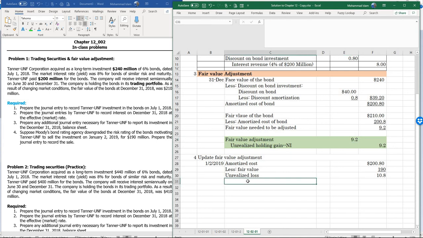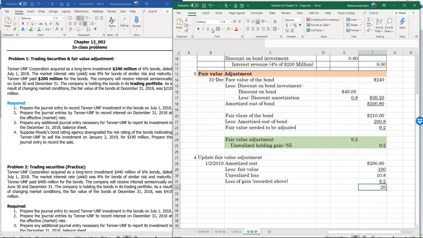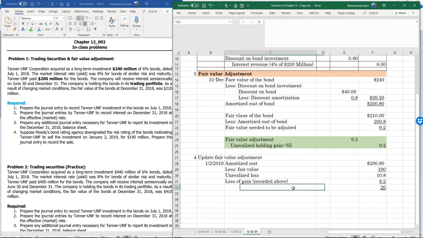So our total adjustment needed is 10.80 plus 9.20, so a total of 20 million.